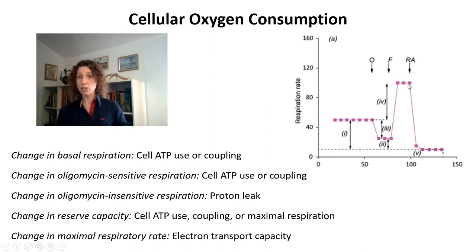So if you have a change in maximal respiratory rate, you probably have a change in the ability to reduce oxygen and electron transport capacity. So with one trace, with 3 different additions, you could come to the conclusion about the whole function of the mitochondria. How much ATP is being synthesized, how coupled these mitochondria are, and how much electron transport capacity these mitochondria have. It's actually a really good way to look at mitochondrial bioenergetics in intact cells.